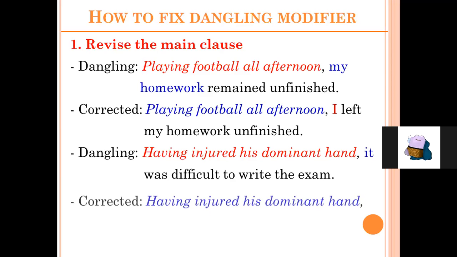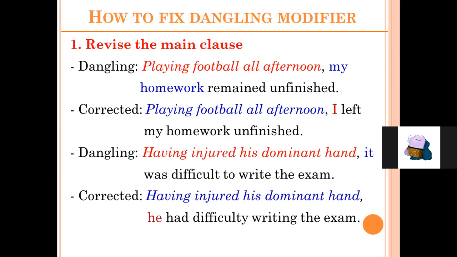Now I can correct it by saying: having injured his dominant hand, he had difficulty writing the exam. So I just change it. Having injured his dominant hand is used to modify he. So that's why it is correct.